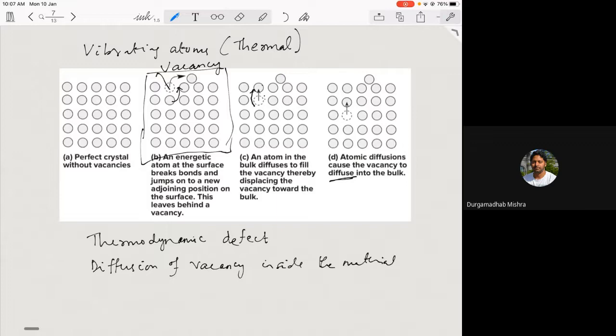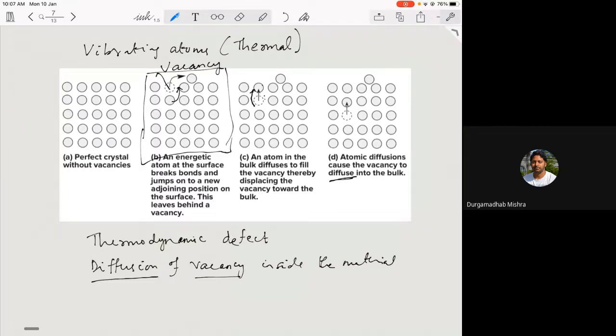The key thing here is this diffusion of vacancy, which is created due to the random thermal vibration of atoms. These vacancies can move inside the material, or you can say it is diffusion of vacancy inside the material.